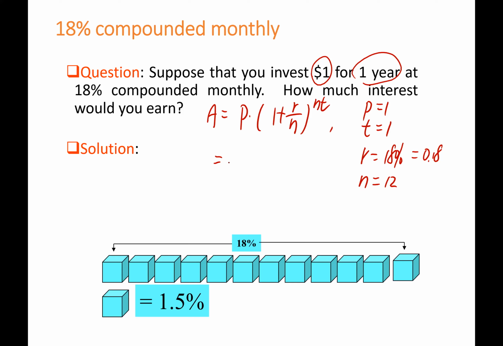So you get 1 times 1 plus 0.18 over 12, raised to 12 times 1. This is basically 1 plus 0.18 divided by 12. If you want to turn it into a decimal number, no problem: 1.015 raised to the 12th power. So now let's use Excel to get this.